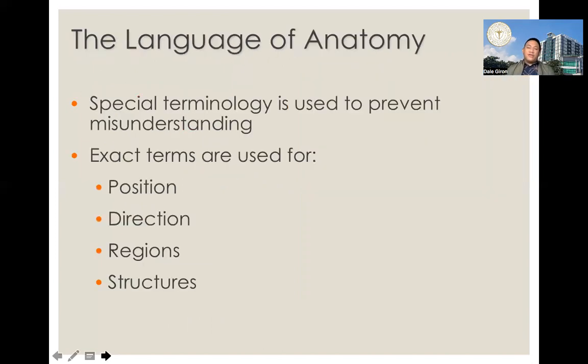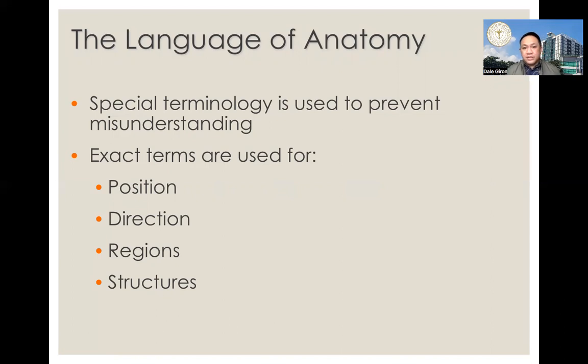All right, so after giving you a rundown or overview of the different organ systems, let's go now to the language of anatomy. This is actually very important because we will be using it, not just me, I'm a lecturer, I also will be handling laboratory.